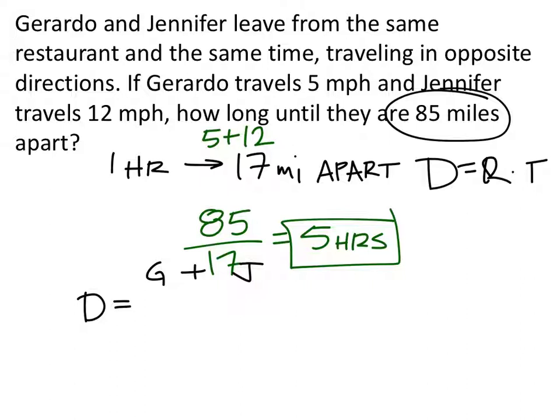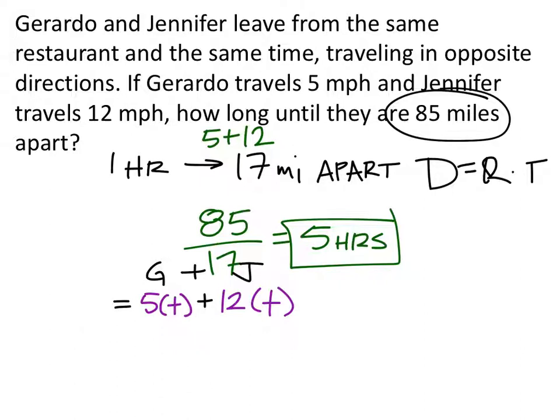Okay? Well, Gerardo is traveling at, that's his rate, 5 miles per hour. And multiply this by some amount of time, plus Jennifer's rate, which is 12 miles per hour, multiplied by the same amount of time, because it's the same t.